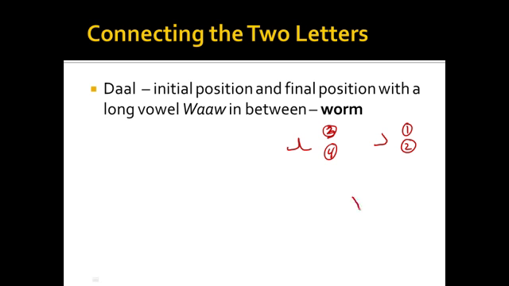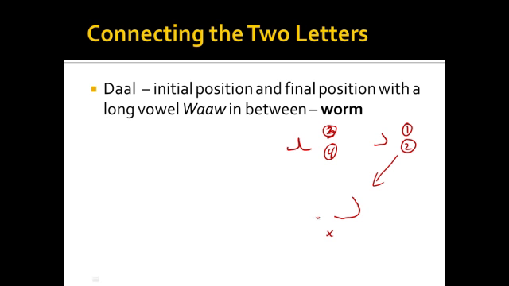So we're gonna write the Daal like that. It's the initial position. And then we have the Waaw. Now the Daal does not connect to what comes after it, but it does connect to what comes before it. So when we write the Waaw, you hear the dood, ooh sound. That's a long Waaw sound.